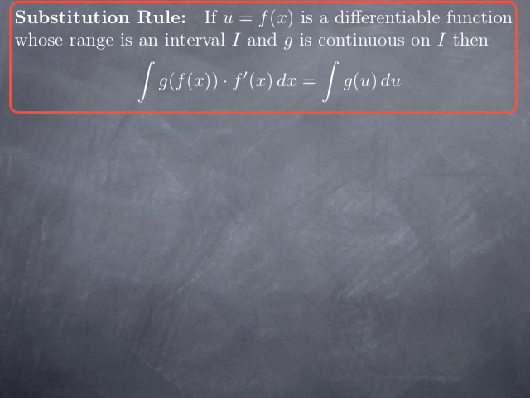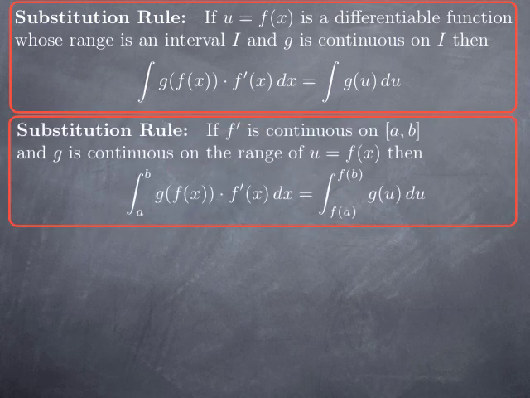So here is the form that it takes in the context of definite integrals. The integral from a to b of a function of the same form, a composite g of f of x multiplied by the derivative of the function inside, f prime, is going to be the integral of g of u du, where u is f of x, just the same thing as the case of the indefinite integral.